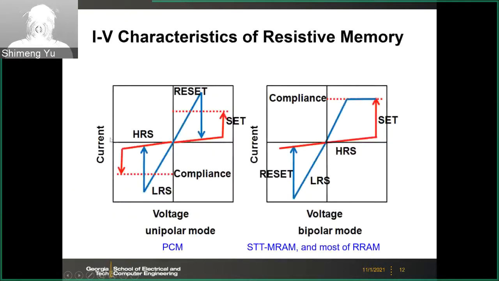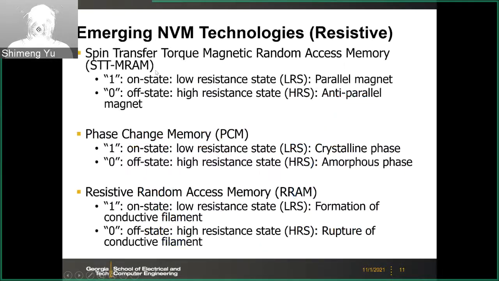So the underlying physics are different for those three memory technologies. But from a high level of abstraction, you can think of all of them like a two-terminal resistor with variable resistance, because from the circuit point of view, those are two-terminal devices.